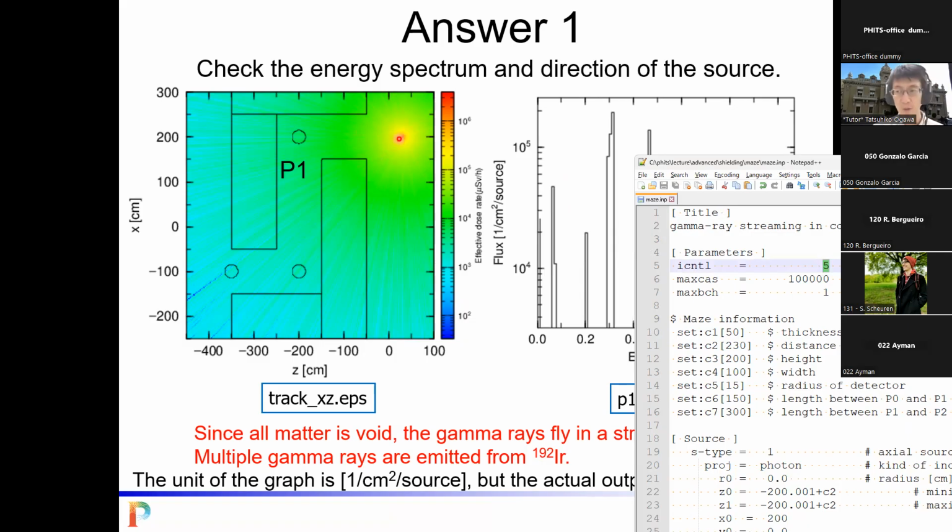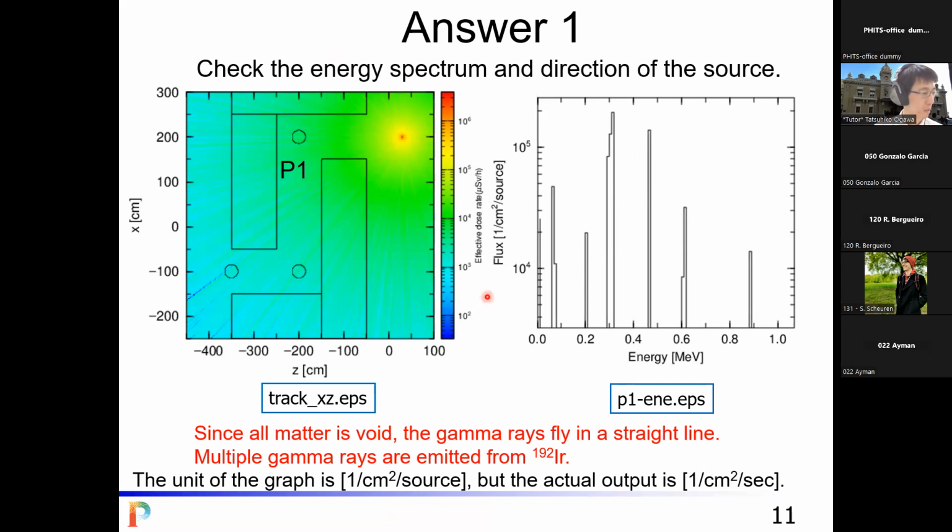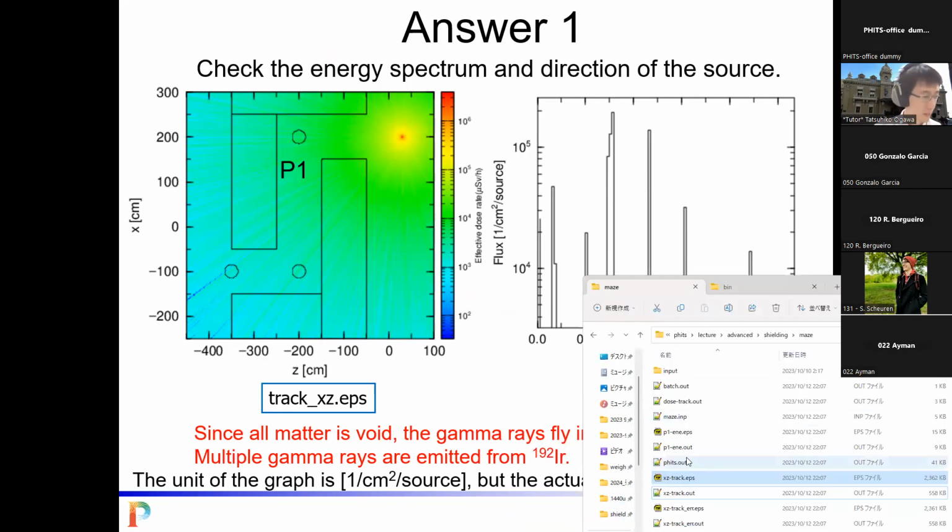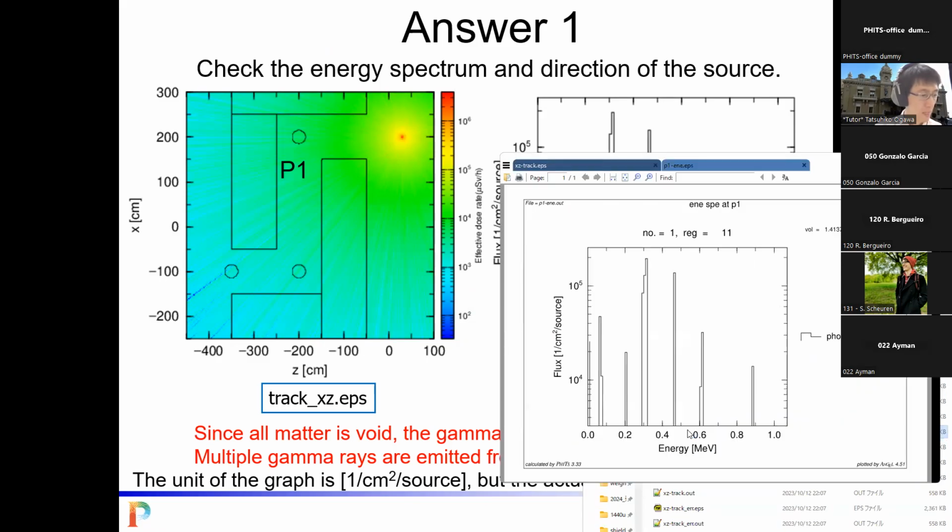The radiation from the source penetrates everything. And apparently, we see some particle fluxes in different points.